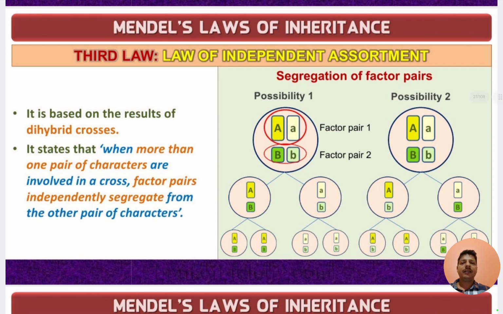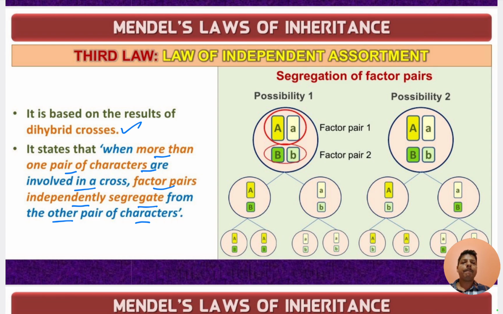And then is the third law, that is the law of independent assortment, which is based on the result of dihybrid crosses. It states that when more than one pair of characters are involved in a cross, factor pairs independently separate from the other pair of the characters.